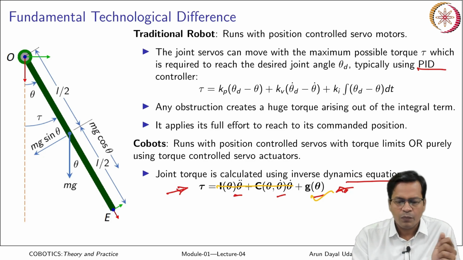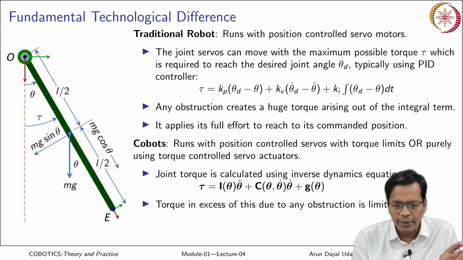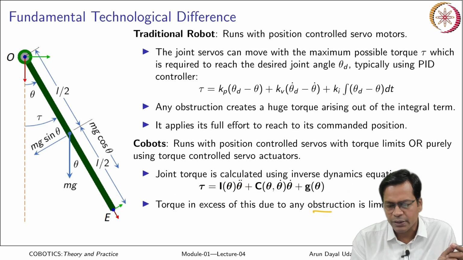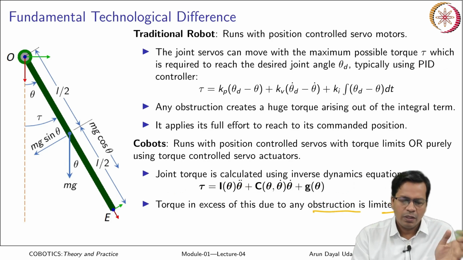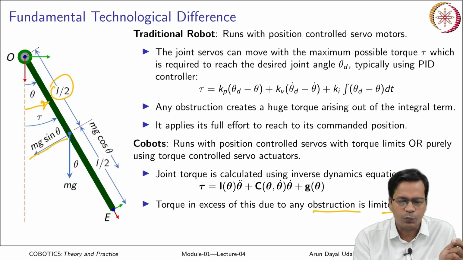So now with this torque, if it is in closed loop and the robot is made to run only with the torque, what happens? Any torque in excess due to any obstruction is limited. In order to go there, how much torque you need is mg sin theta into L by 2.